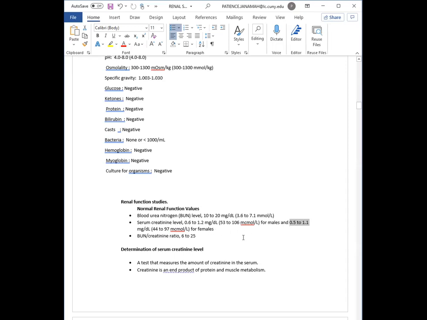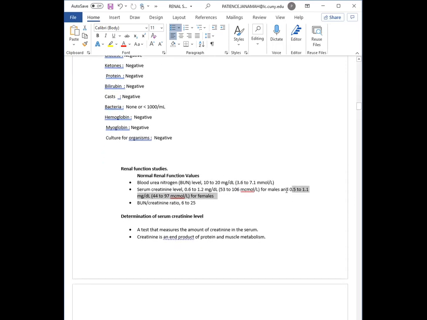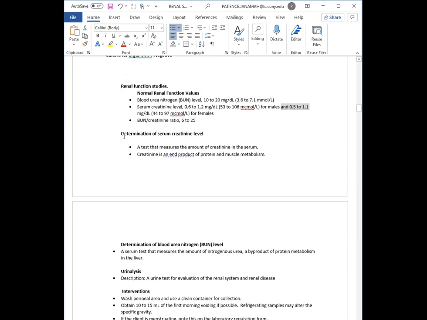So we have the serum creatinine for male and for female. A patient can come and show you a result of her labs, and they expect you to take an action from there. What will be the next step? You need to know the correct information, then compare it.